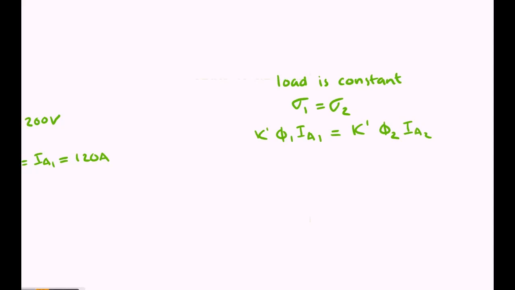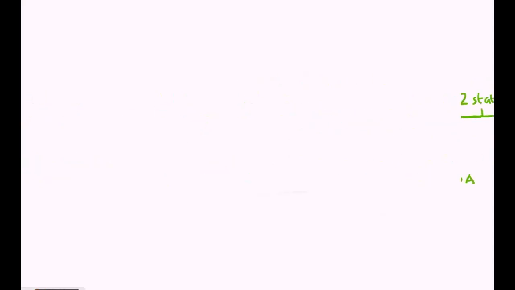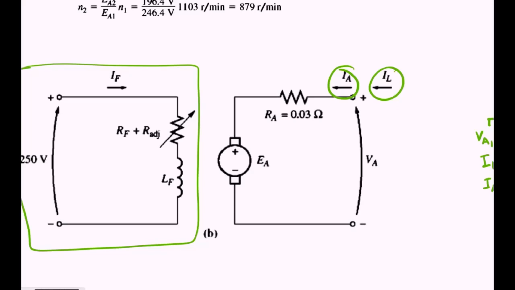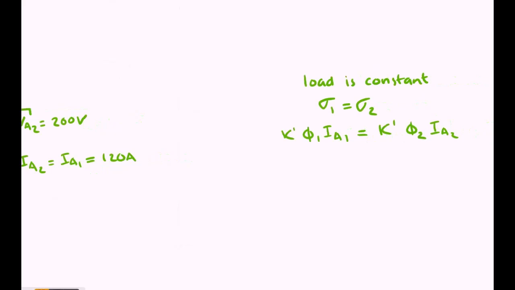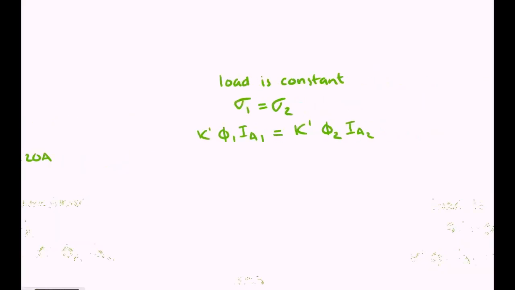However, because we haven't changed any parameters in the field circuit, the one that generates the magnetic field, this circuit here, it means that the flux in the system is constant, and therefore flux 1 is equal to flux 2.